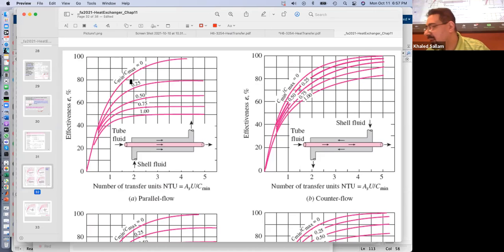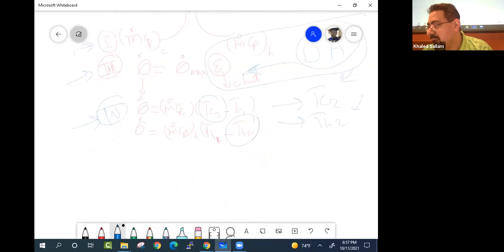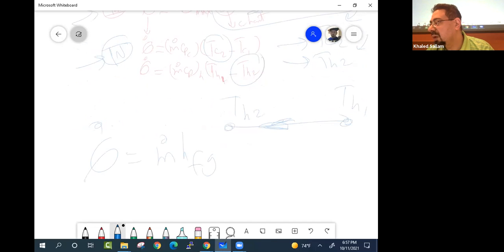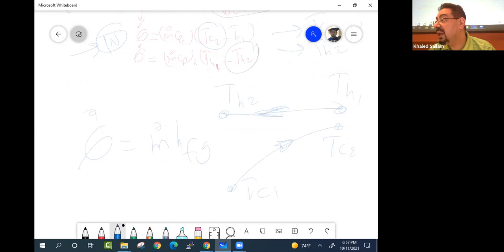Because you are saying Q dot is m dot h_fg, right? Here is your TH1 and here is your TH2, while the cold is doing this, TC1, TC2. So if I insist on using m dot Cp hot times delta T hot, this is 0, so then this has to be infinite.